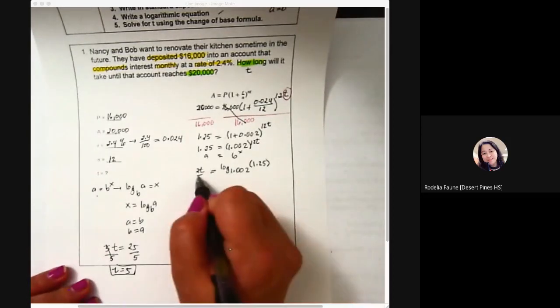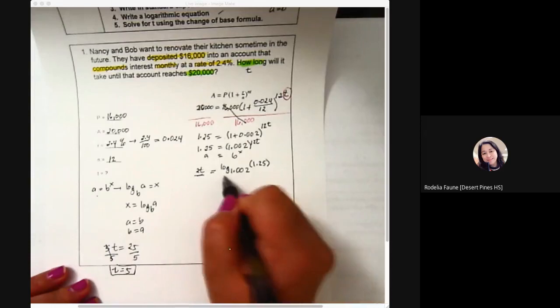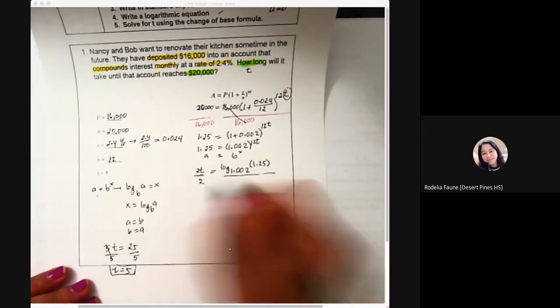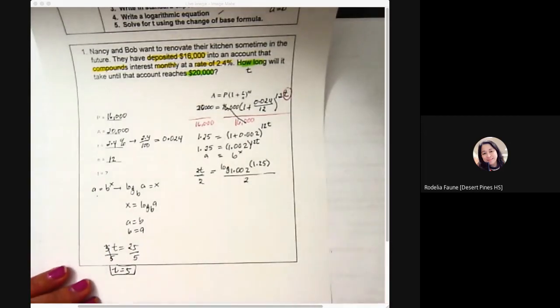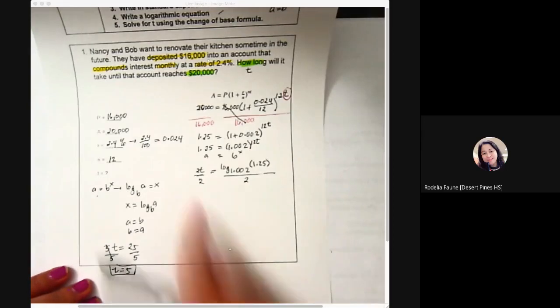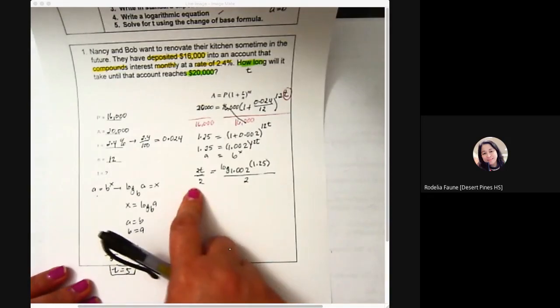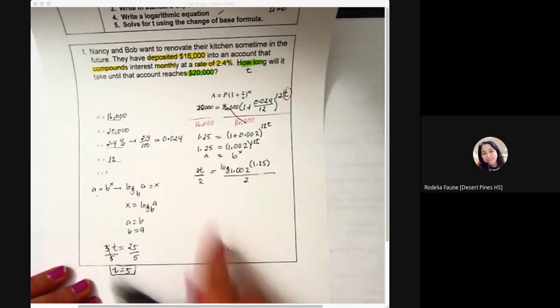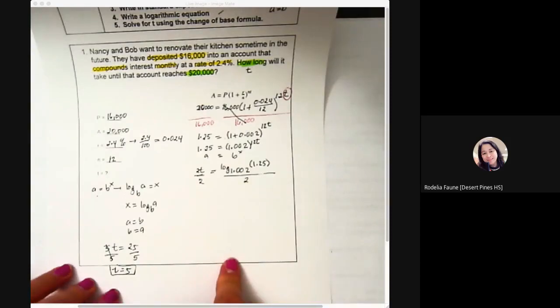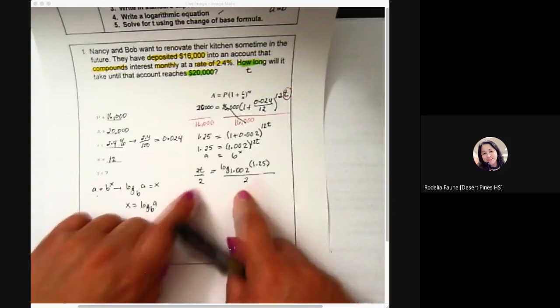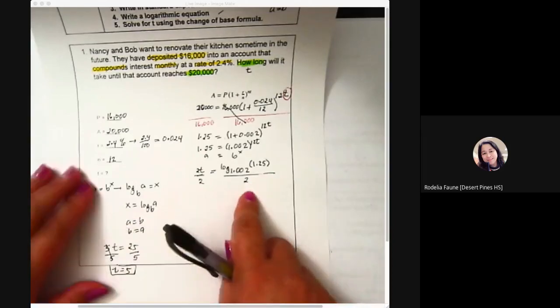To get rid of the 2, we must divide both sides by 2. Okay, both sides. Because if you divide only one side by 2, this will not equal the original equation. The value will change. So it must be both sides to keep them balanced, to keep the values the same.